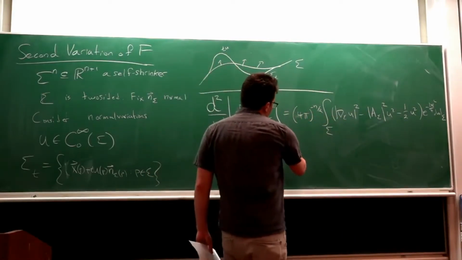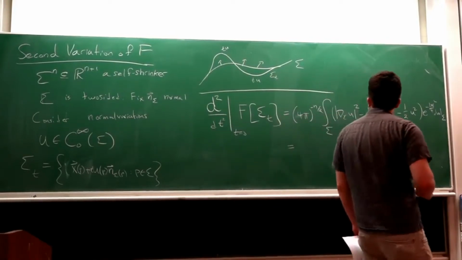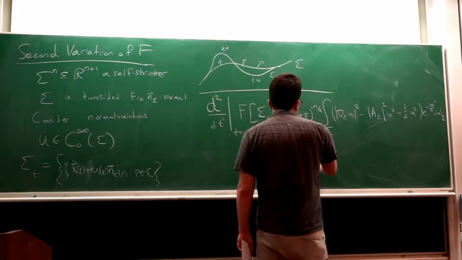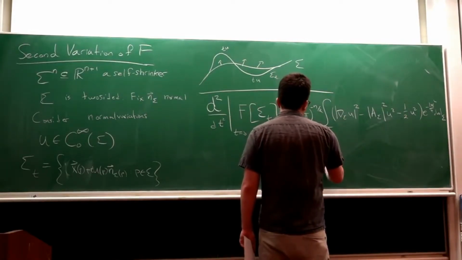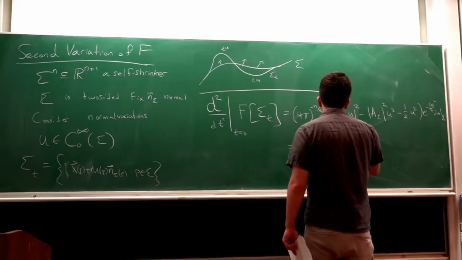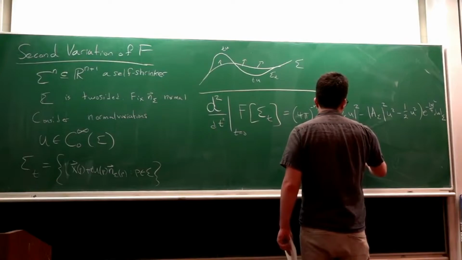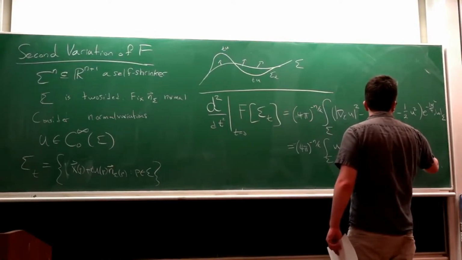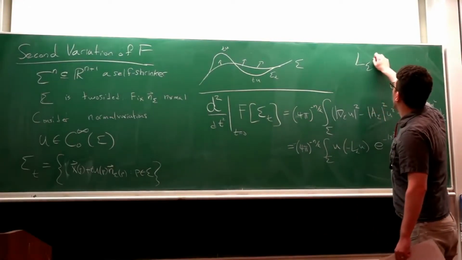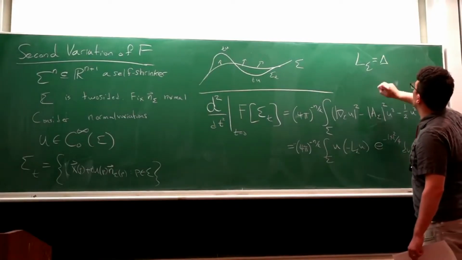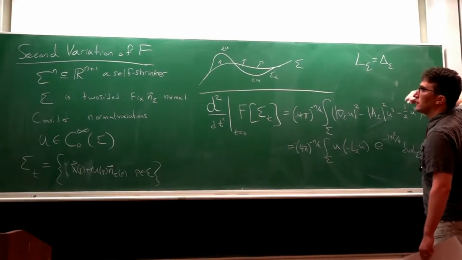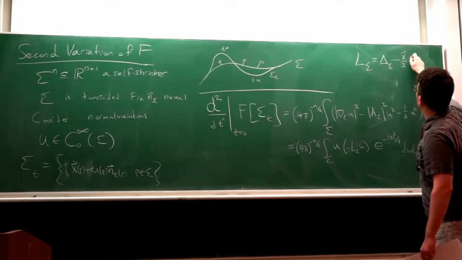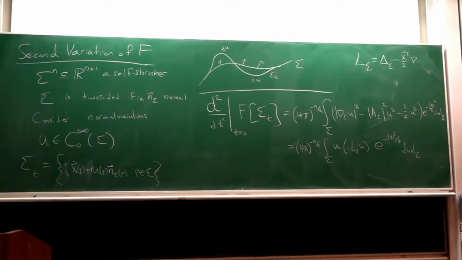We observe, of course, that this is a nice quadratic form, and we can integrate by parts, and this is the same as saying that it's the minus... let me write it this way. Here L sigma is this sort of linearized curvature shrinker operator, which is the Laplacian of sigma minus the drift term, which comes from the weight.